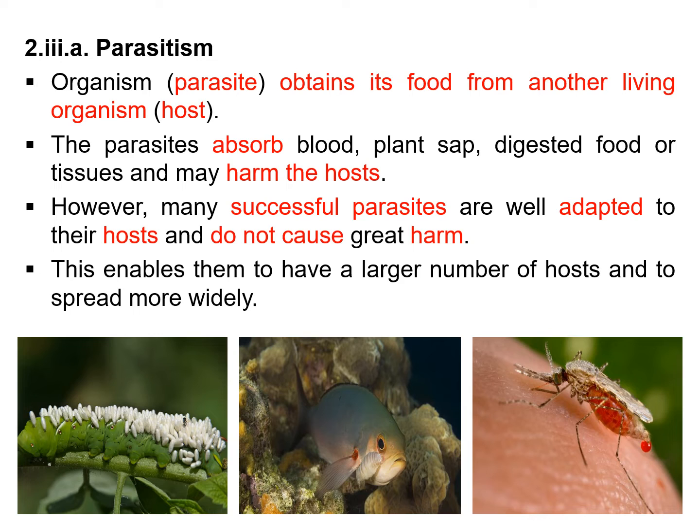For example, something very common in our daily life, which is the mosquito. Then there is a small fish with a bigger fish, where they just take any waste from the bigger fish after it has eaten something, the waste on the teeth of the fish itself, and they live together.